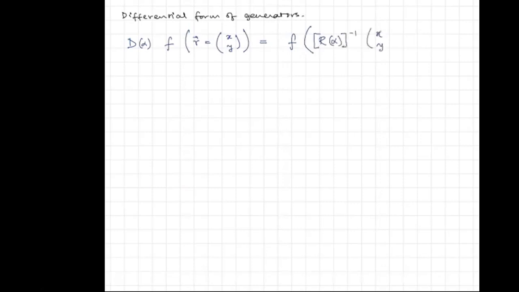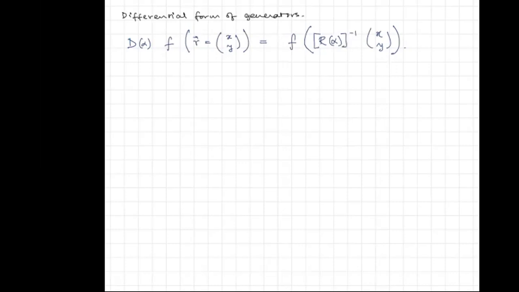Now it should be clear why we have an R alpha inverse instead of just R alpha. The left hand side of this relation can be written in the corresponding representation of the generator, which we have just written down.